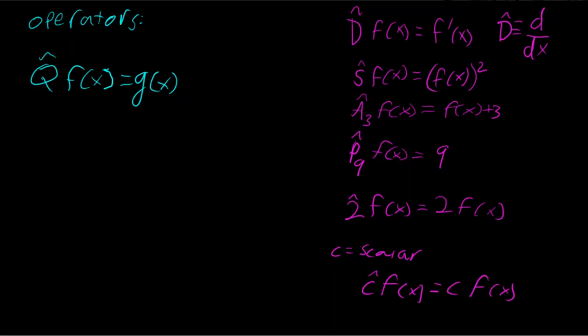So x squared hat on f of x will just give me x squared times f of x, right? That's sort of just how we denote this. So the operator of some scalar, particularly constants too, right? 2 hat on f of x will just be 2 times f of x.